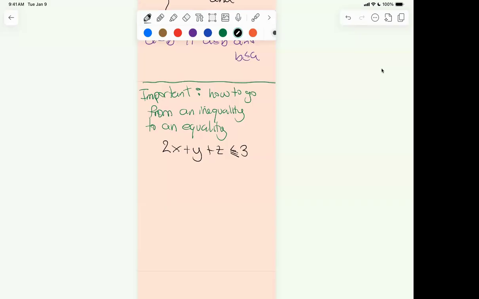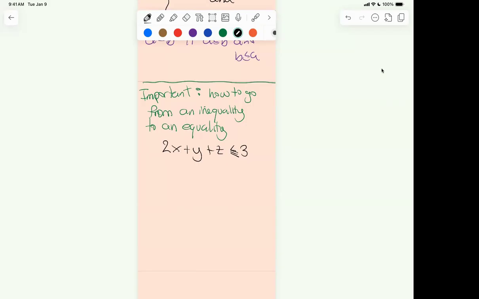What does that mean? X, Y, and Z are variables, but once you give them particular values, this will be a number, and this will be a number. Well, this is already a number. What I'm trying to say is that once you give X, Y, and Z values, that gives you a particular number.